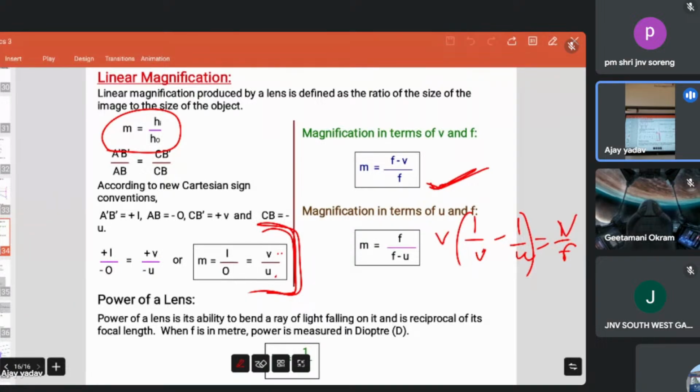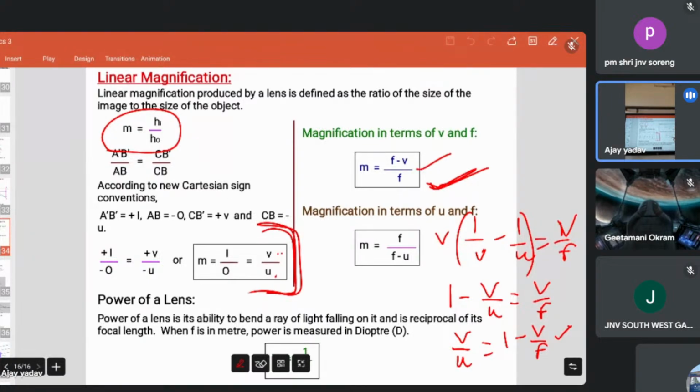Then v into 1 by v gives 1, minus v by u equals v by f. So v by u equals 1 minus v by f. If you take LCM, you will get f minus v by f.